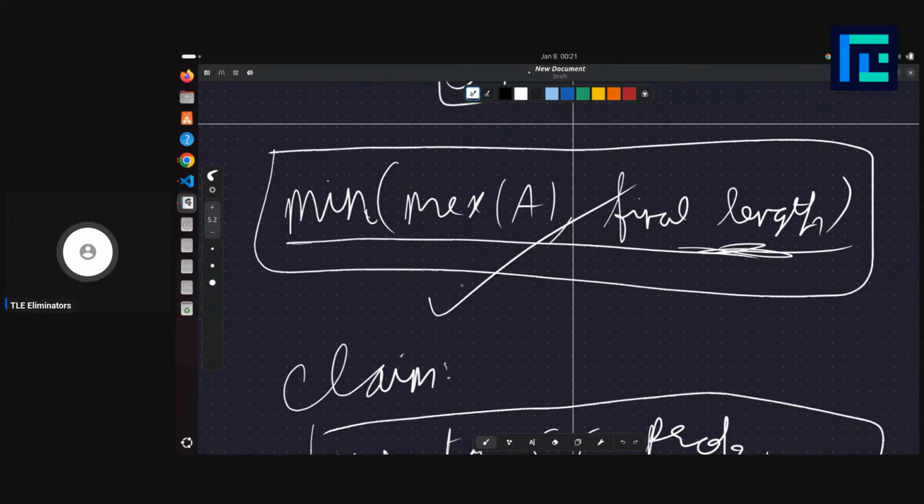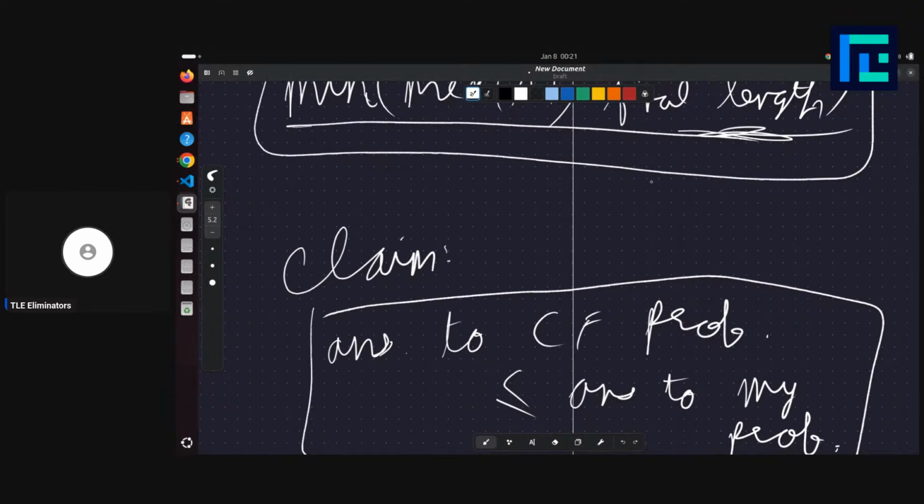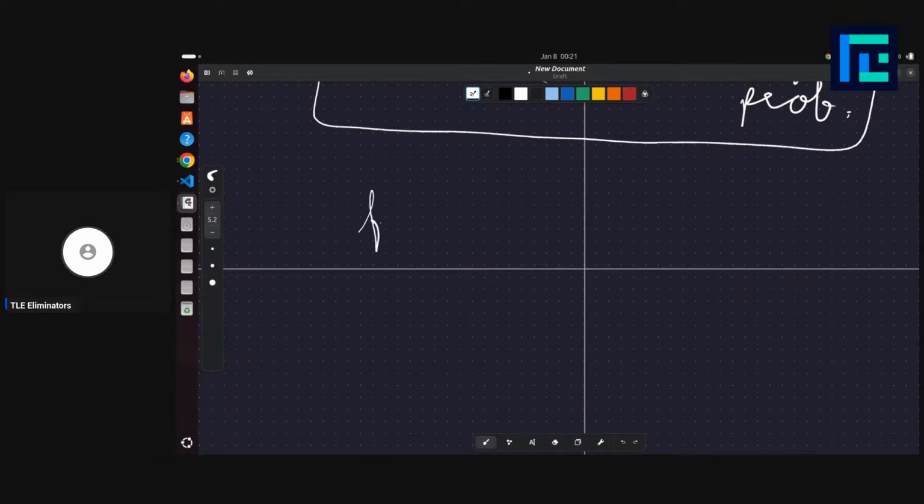So I have an upper bound for the answer to the CF problem: the final answer is definitely less than or equal to the min of k minus 1, comma max of a.